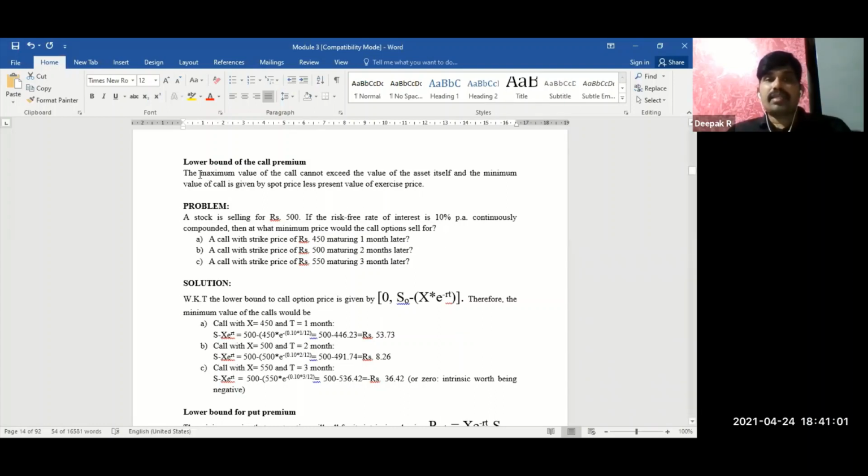So if this is the case, the maximum value of the call cannot exceed the value of the asset itself. That is one thumb rule. And the minimum value of the call is given on what basis?